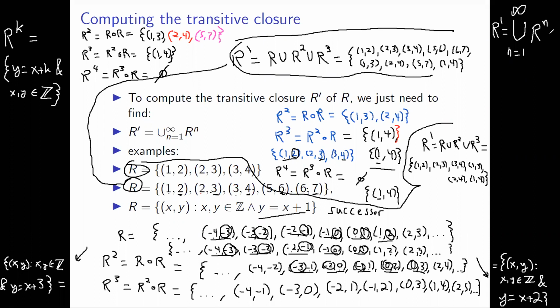And so that's going to be this union, n equals 1 to infinity, of these sets.